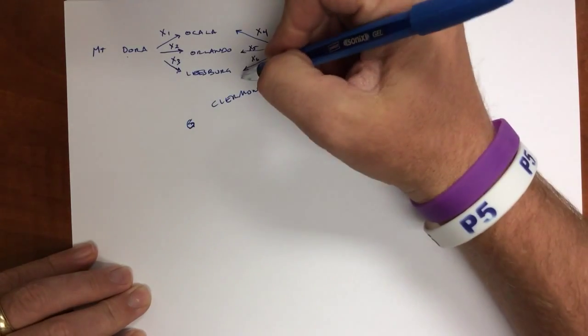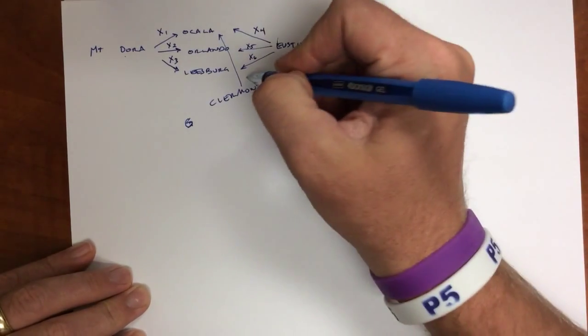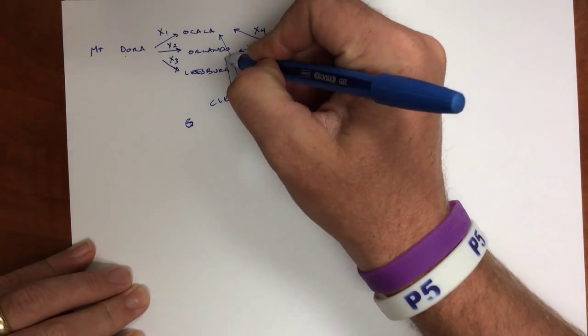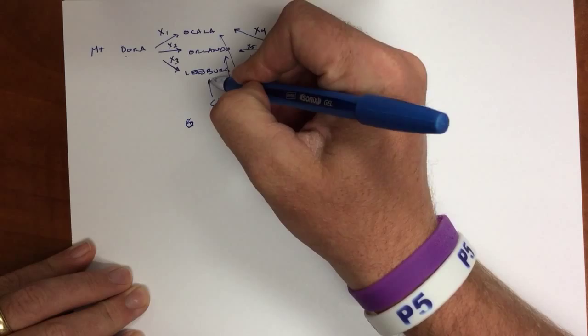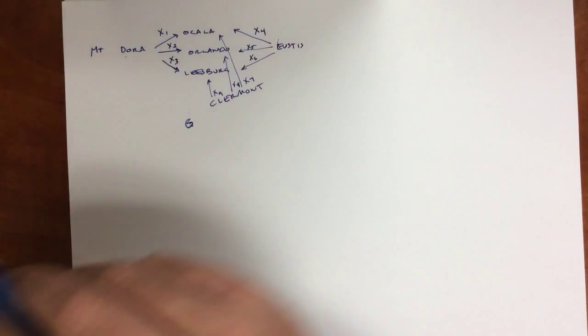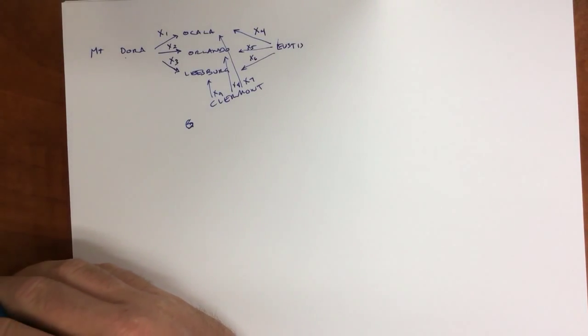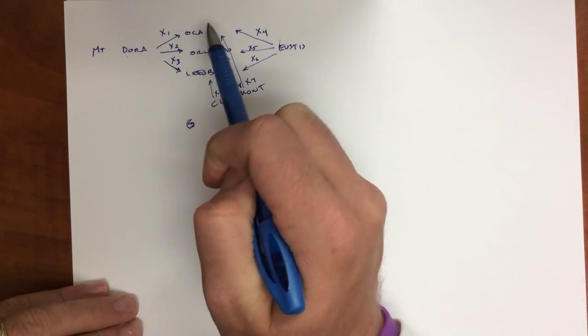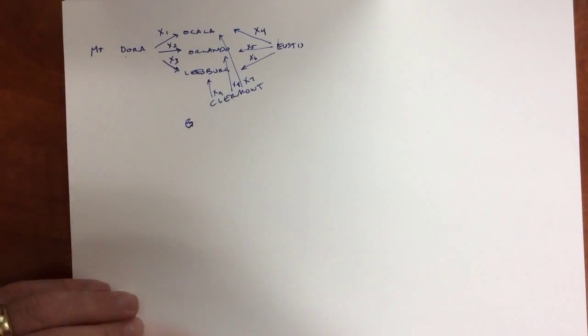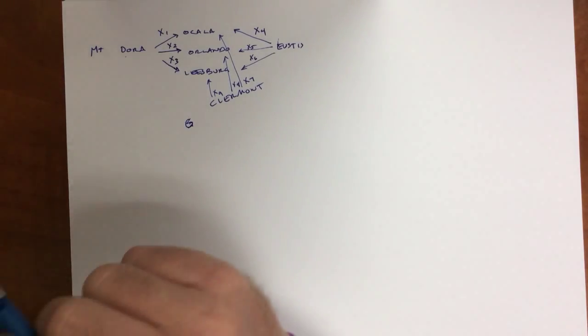So the number of bushels we send from Claremont to Ocala would be X7, Claremont to Orlando, X8, and Claremont to Leesburg, X9. So we have 9 different variables, each of them representing the number of bushels that we send from a given grove to a processing plant. So those are our variables.